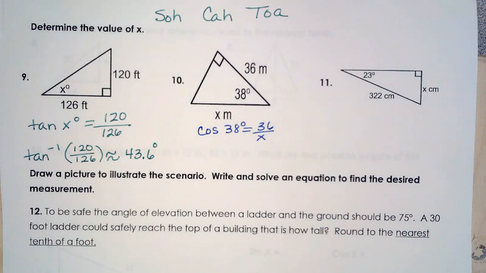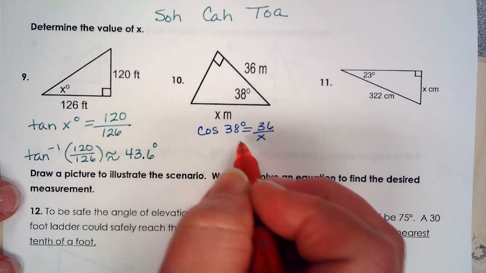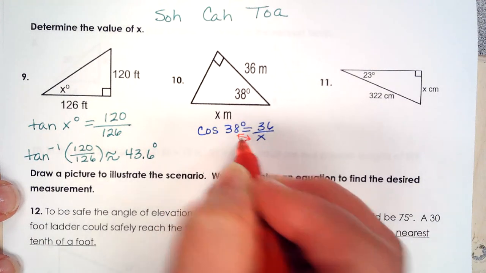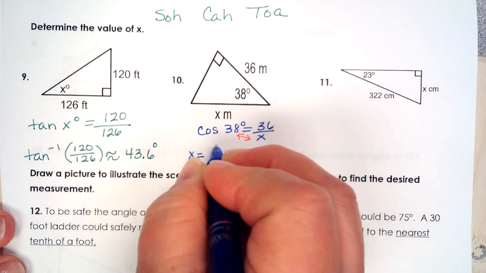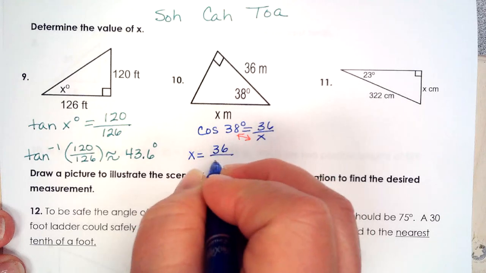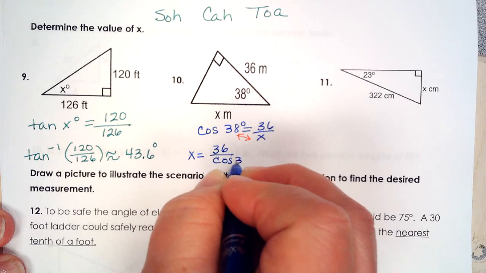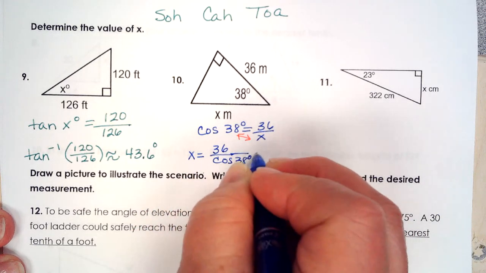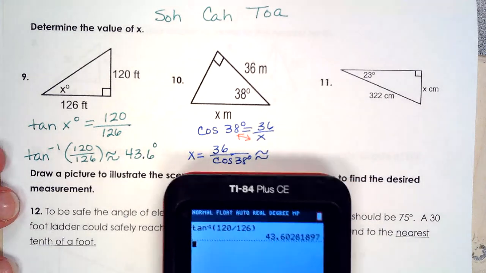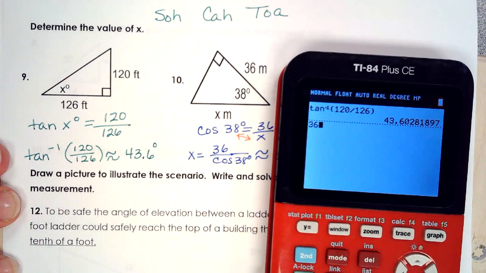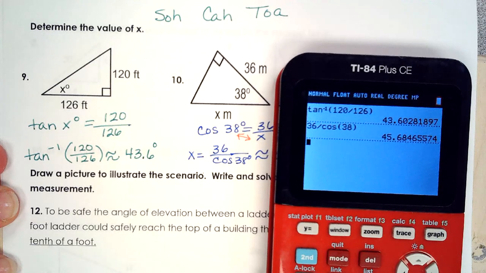What happens when the variable's at the bottom? We switch them around. X is equal to 36 divided by the cosine of 38 degrees. That is approximately 45.684.